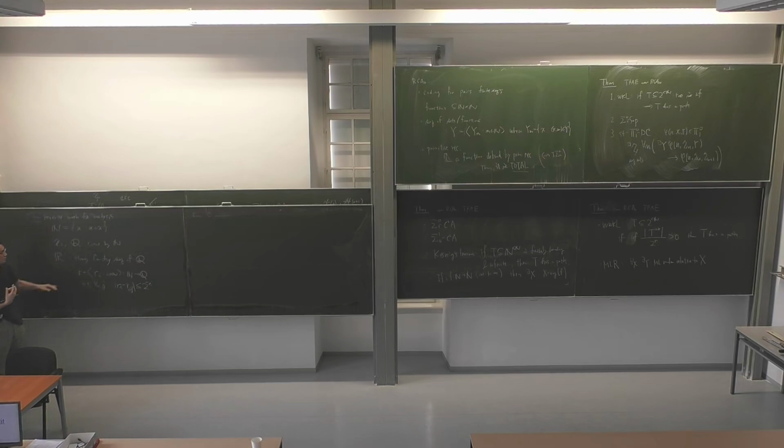So a real number is actually a set, a strong Cauchy sequence.